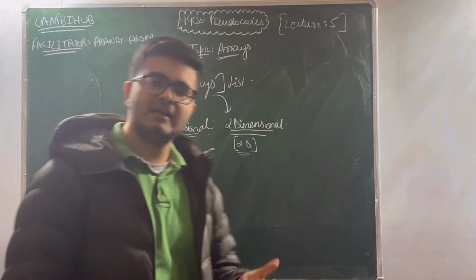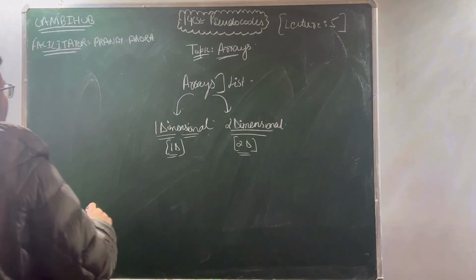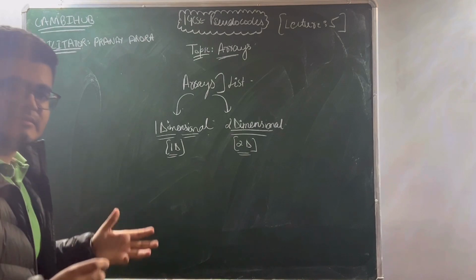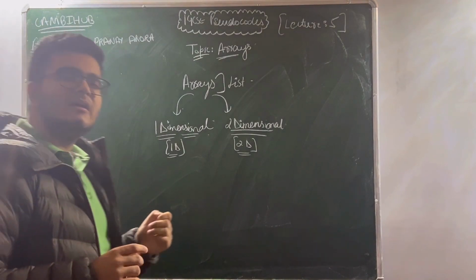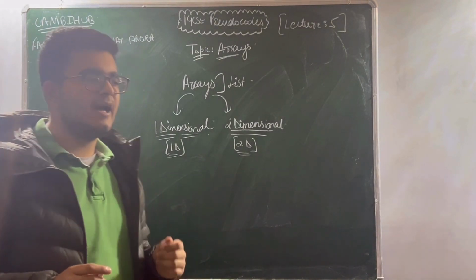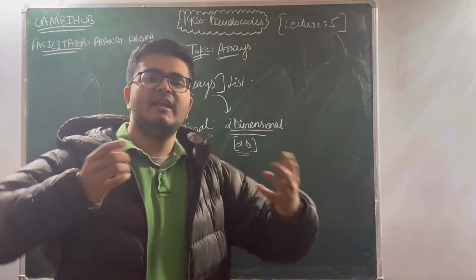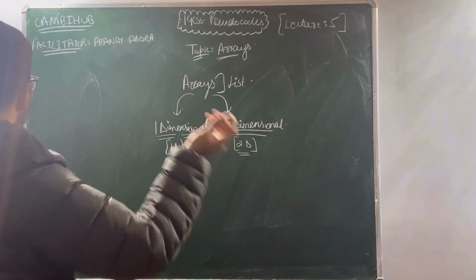What do I mean by a single data stream? For example, if I have to make a list of students in my class, or let's say a grocery list. I have a shopping app, and I need to use an array to make a grocery list. So how would it be?